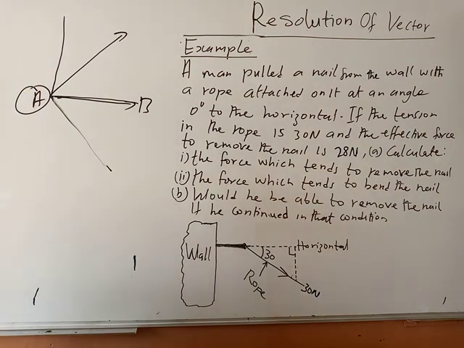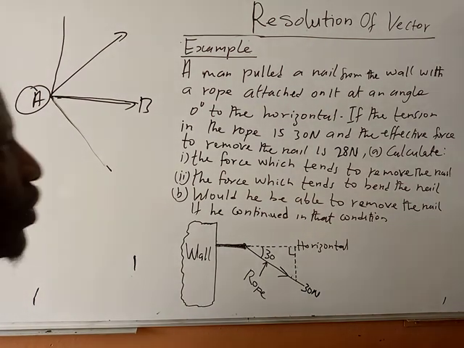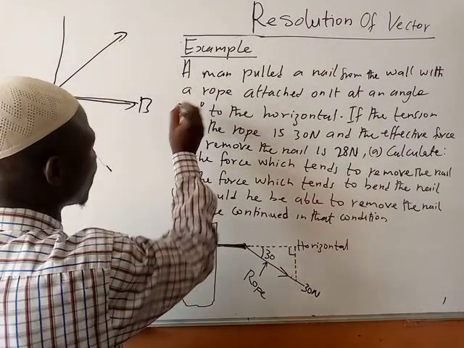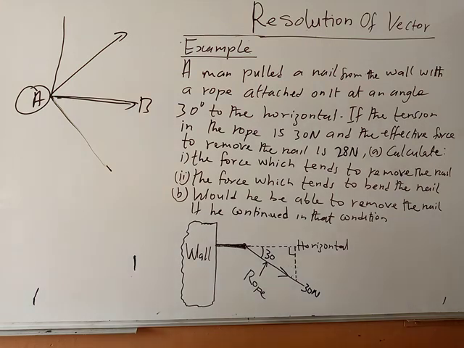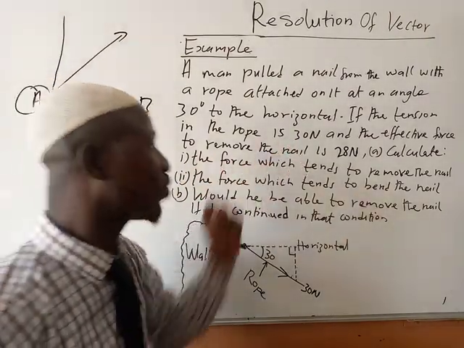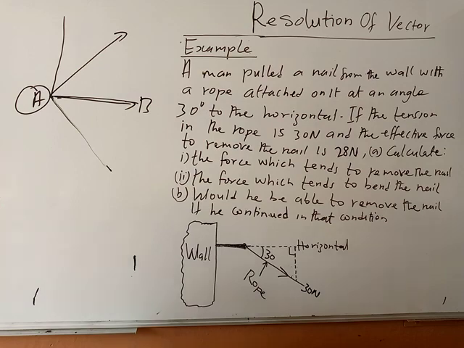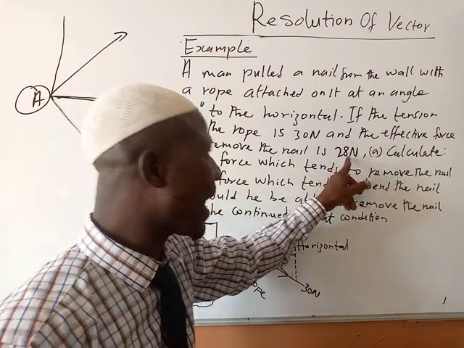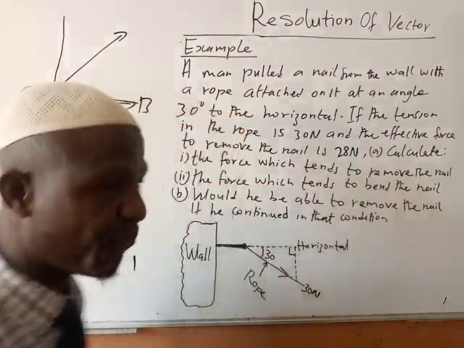The question said a man pulled a nail from the wall with a rope attached to it at an angle 30 degrees to the horizontal. If the tension in the rope is 30 Newton, that is, that man is applying a force equal to 30 Newton, and the effective force to remove the nail is 28 Newton, so he is applying even more than necessary force.